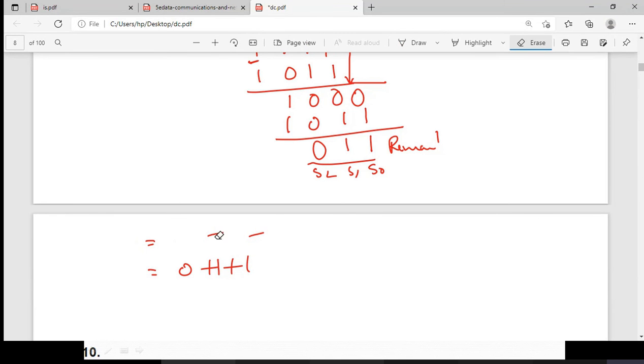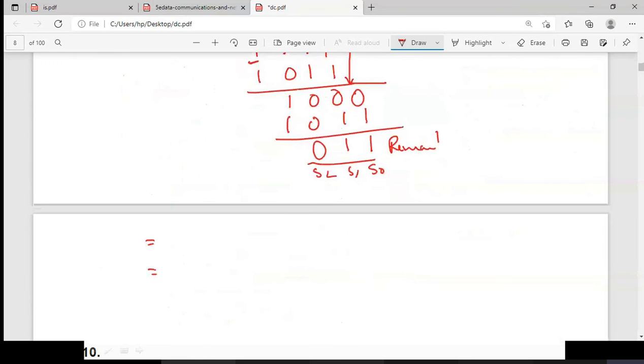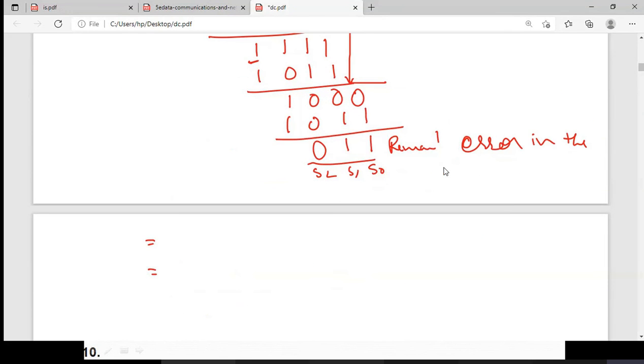This mod operation is also not required. You can directly tell from the remainder you got here. When you want to tell there is no error, the remainder should be 0. If any one bit is non-zero, it indicates that there is an error in the received data. Will you agree? No need to calculate all that mod operation.